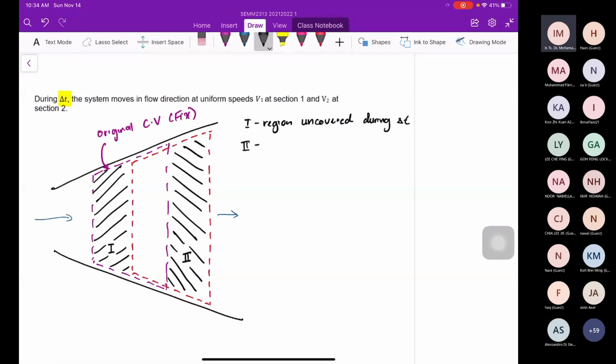However, region II is a new region covered by the fluid system. However, this is not part of the control volume.